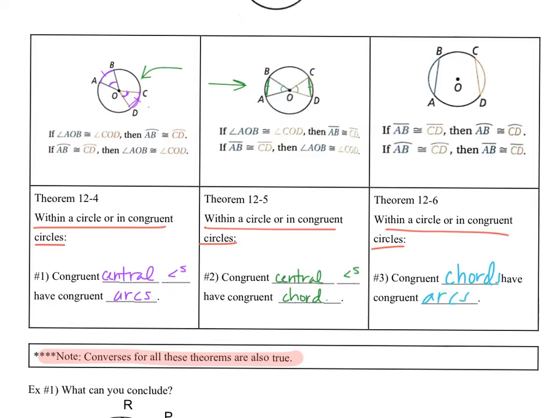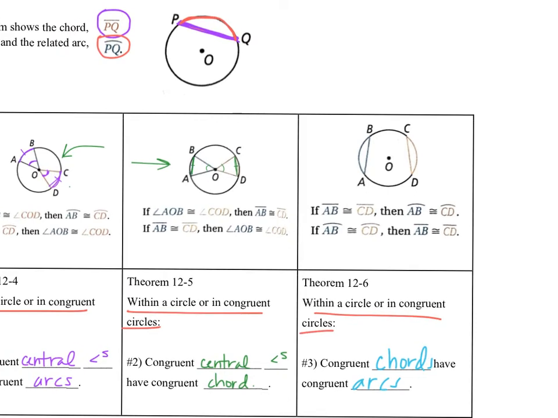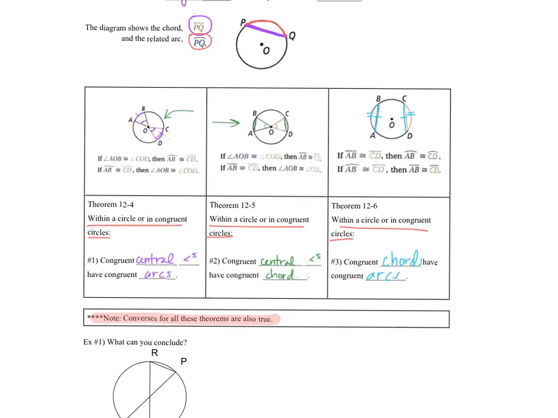Congruent arcs will have congruent chords. So what they're saying is if I know that AB is congruent to CD, then I also know that arc AB is congruent to arc CD, and vice versa. If the arcs are congruent, then the chords are congruent. Okay, so every one of them affects every other in those theorems.